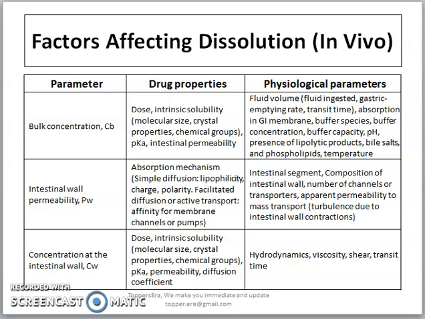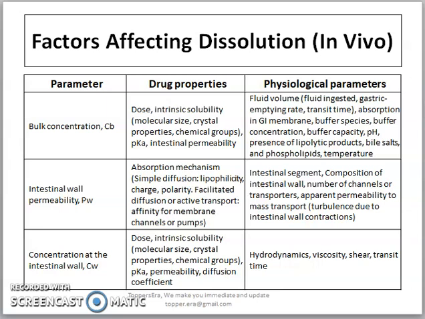The seventh parameter is concentration at the intestinal wall. It depends on dose, intrinsic solubility, pK, permeability and diffusion coefficient. Physiologically, parameters like hydrodynamic viscosity, shear and transit time have influence on concentration at the intestinal wall.